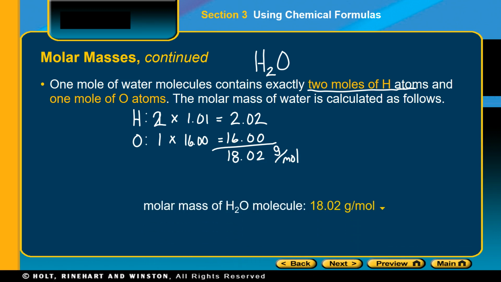All right, which is what the book tells us. All right, and so all we do is look at the masses of each element involved. So if it has a subscript, we're going to multiply the mass by that subscript, and then we add those two together.